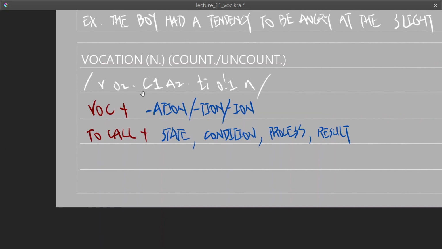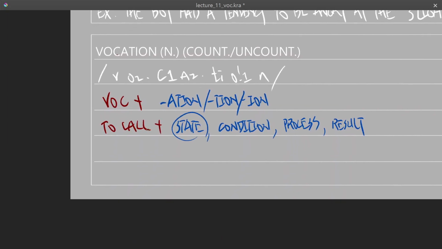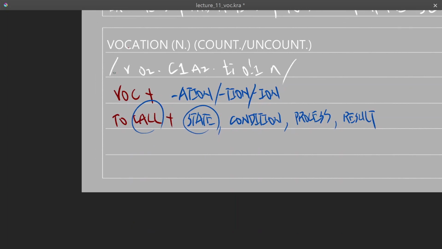So vocation usually means something in the state of being called by something.